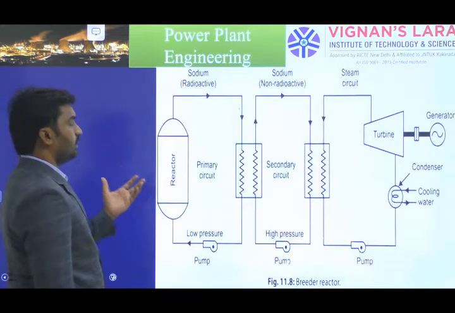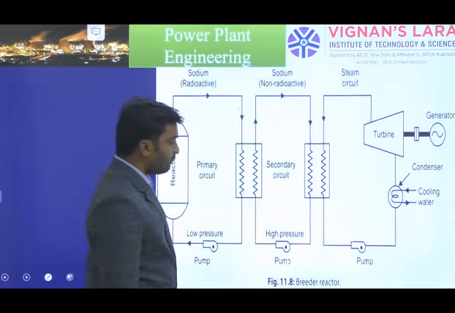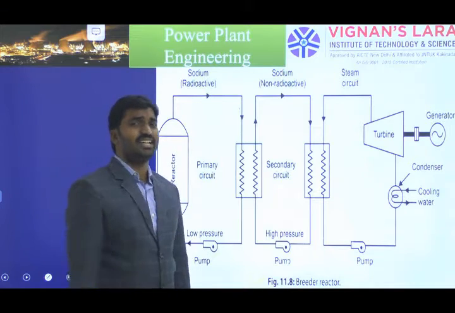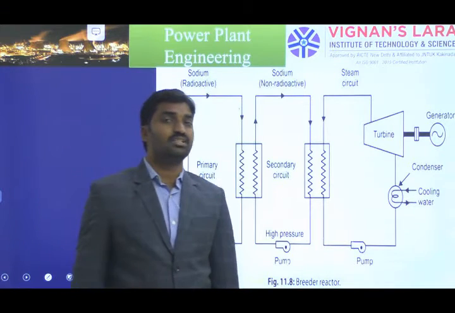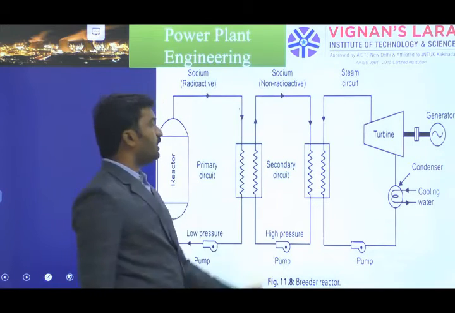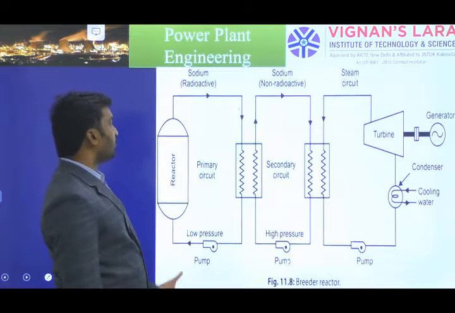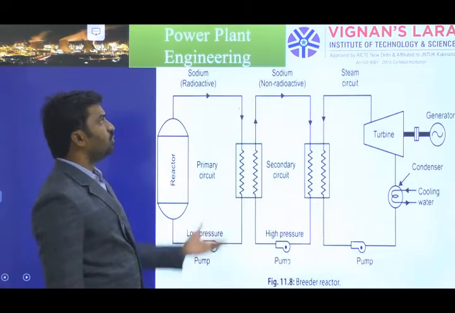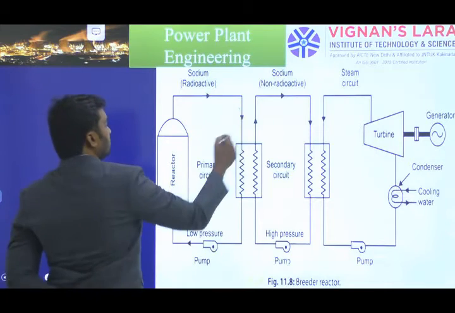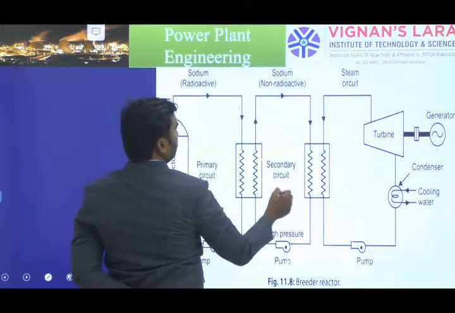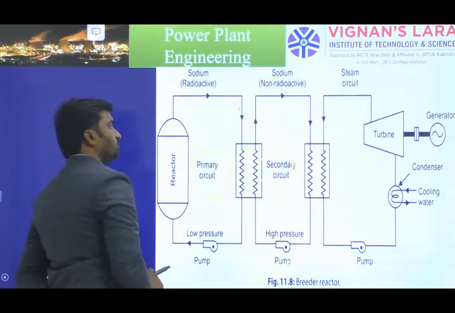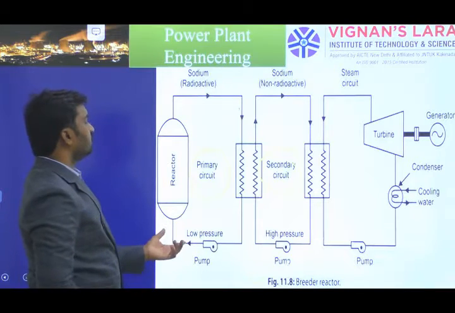And what are the types of reactors here? This is one breeder reactor. In a pressurized water reactor you see only two circuits, but here you can observe three circuits. The first is the radioactive sodium circuit, then the non-radioactive sodium circuit, and the steam circuit. So there are primary and secondary circuits here. What happens here?